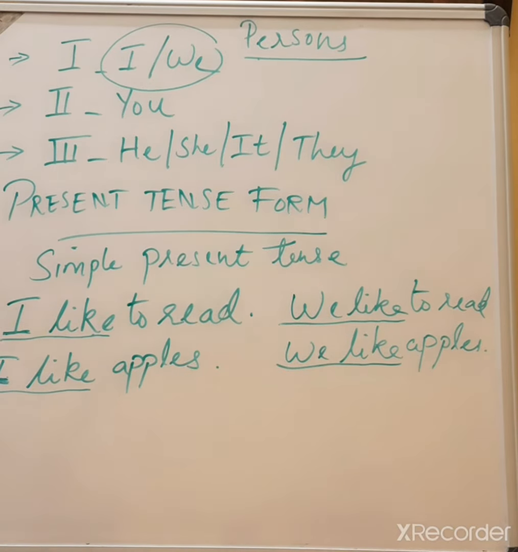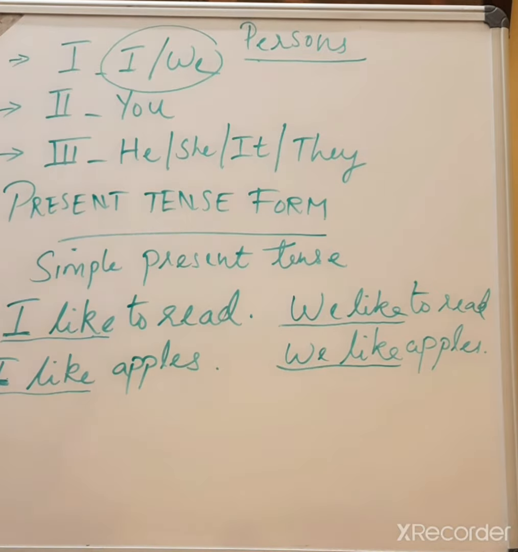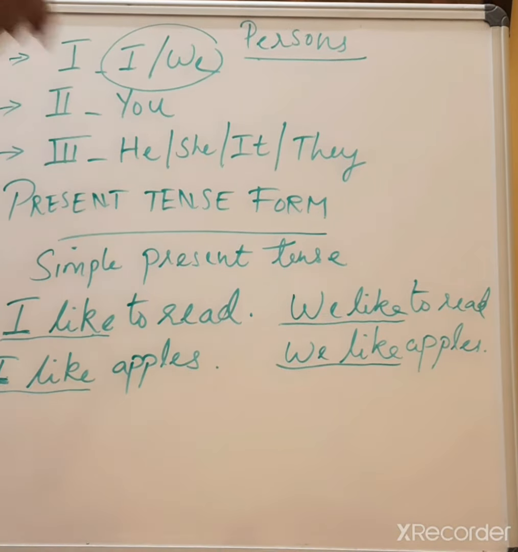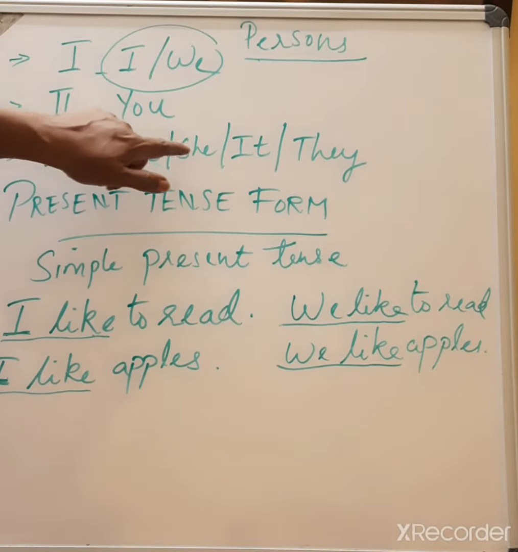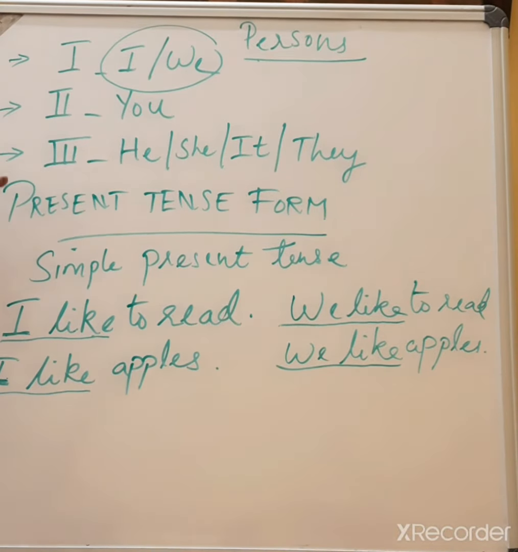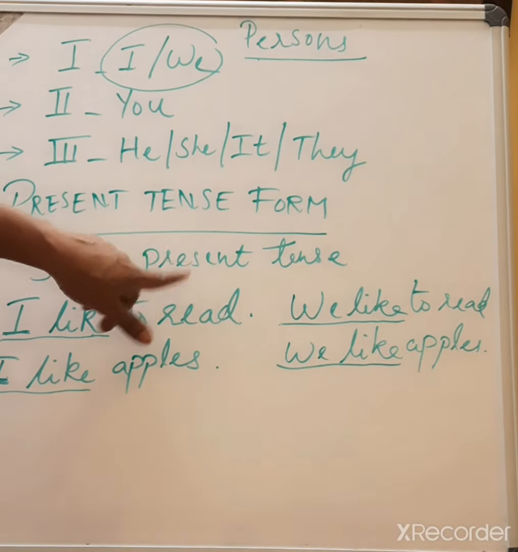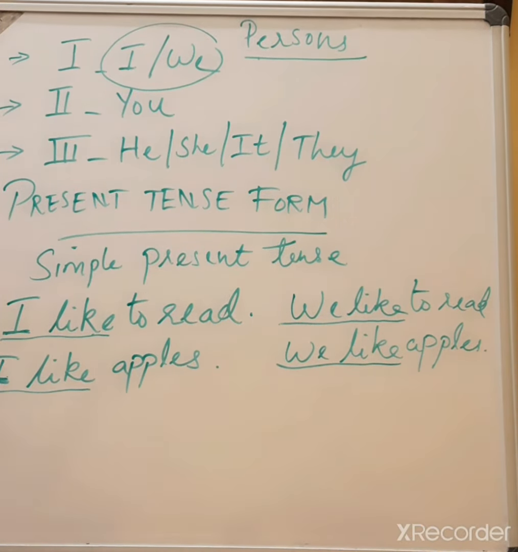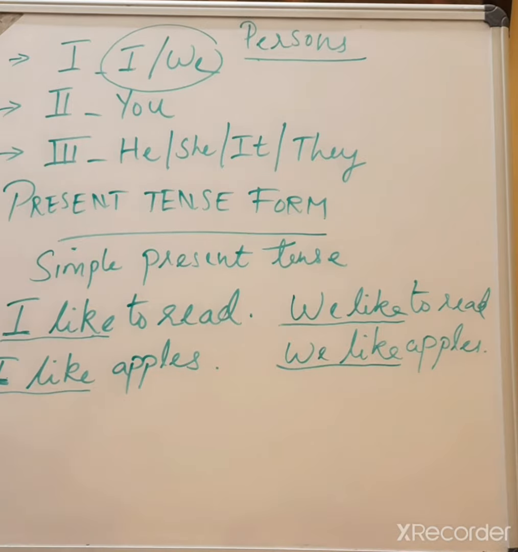I will repeat: three persons, first person I, we, second person you, third person he, she, it, they. We are looking at the present tense form, simple present tense. I like to read.